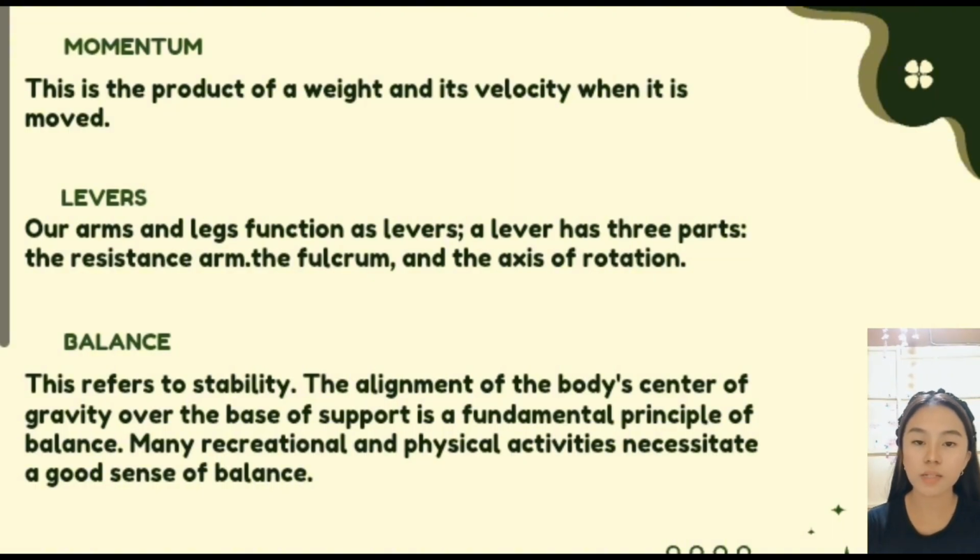Okay, the next one is balance. So, ang balance ay tumutukoy sa katatagan o ang pagka-align ng sentro ng gravity ng katawan sa ibabaw ng base ng suporta, isang pangunahing prinsipyo ng balanse. For example, kapag naglalakad ka sa isang mahigpit na tali, kailangan mong panatilihin ang iyong balanse upang hindi mahulog.